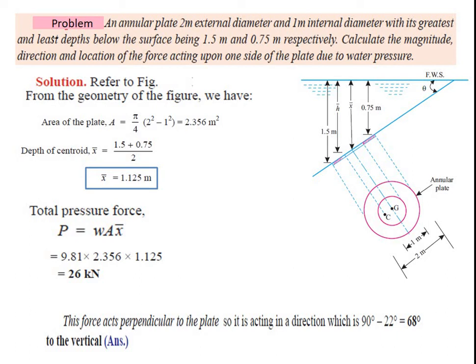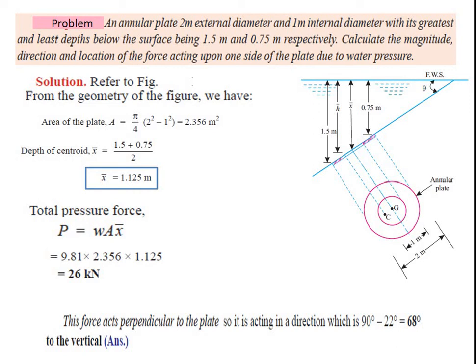Again, similar to this, initially calculate the area of the plate. Area of plate can be given as pi by 4 into d o square minus d i square, so it is 2.356 meter square. Now depth of centroid x bar can be calculated as 1.5 plus 0.75 divided by 2, so it is 1.125 meter.